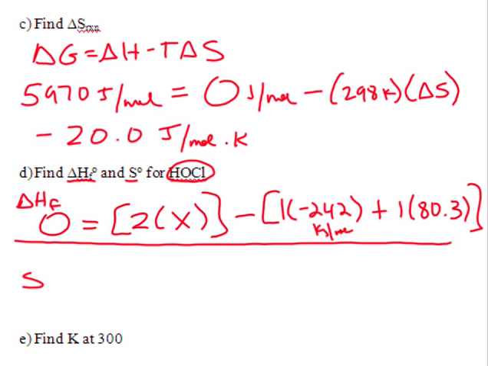Go ahead and solve for X, and let's see if your answer matches what they got in first period. They got 80.9. Okay. 80.9 kilojoules. Watch those units.